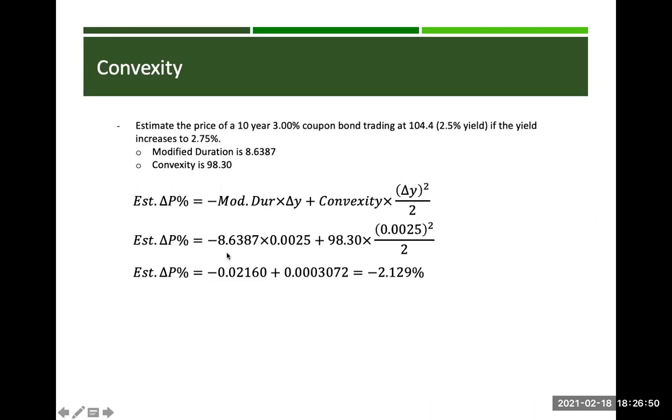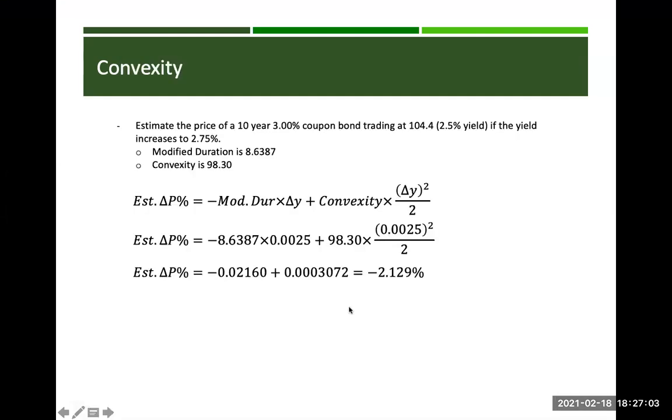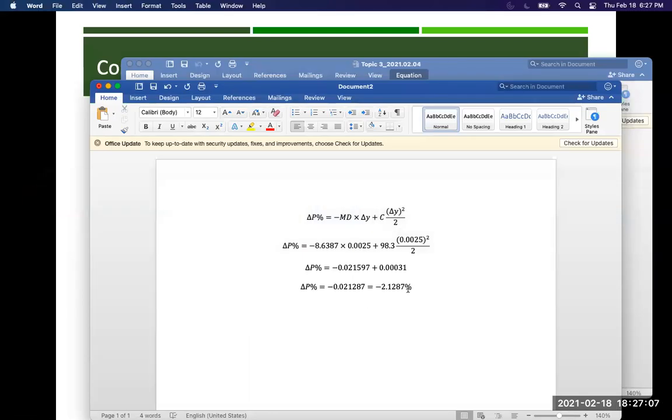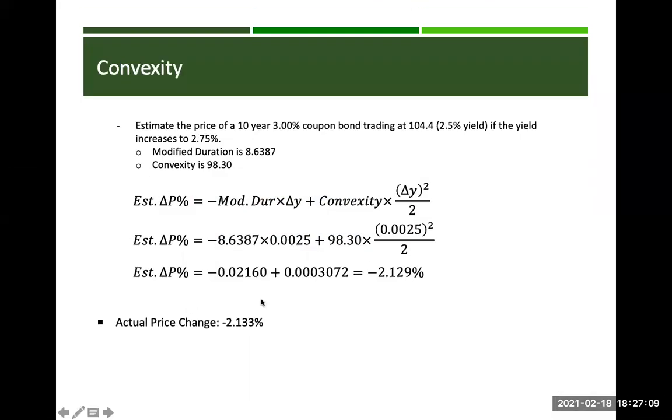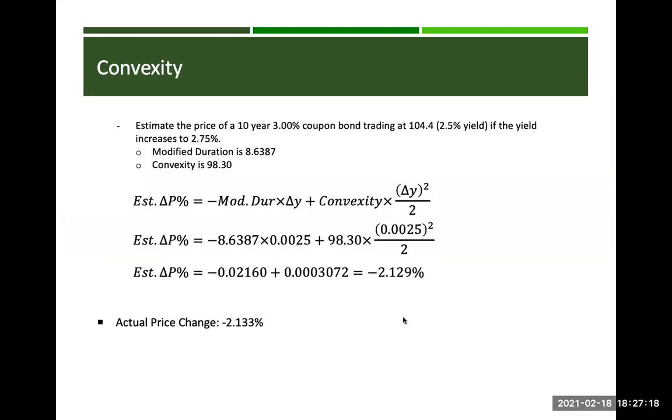Okay. This goes through what I just did to a higher degree of precision. 2.129, what did mine have? 2.1287. So pretty close.